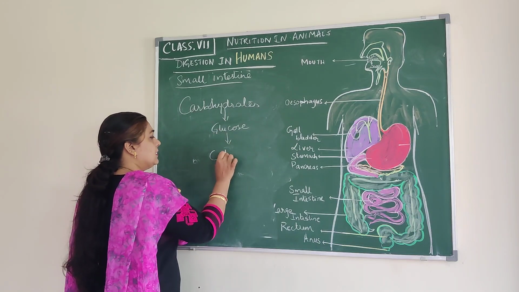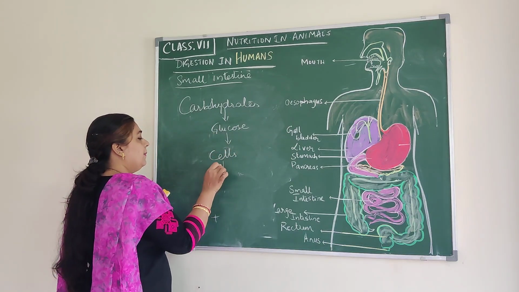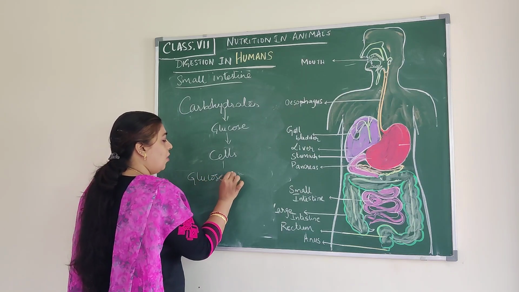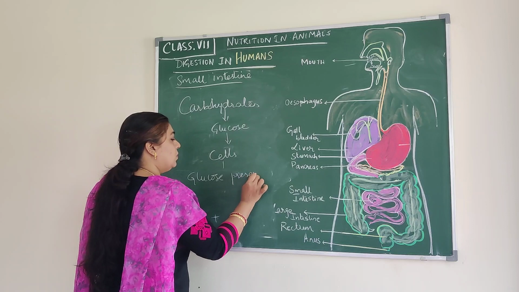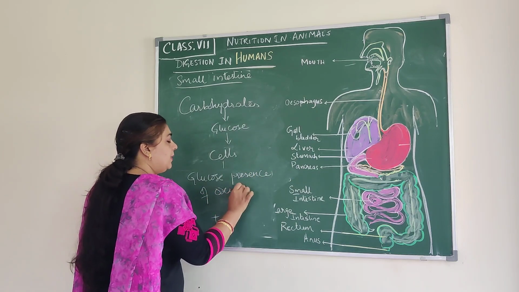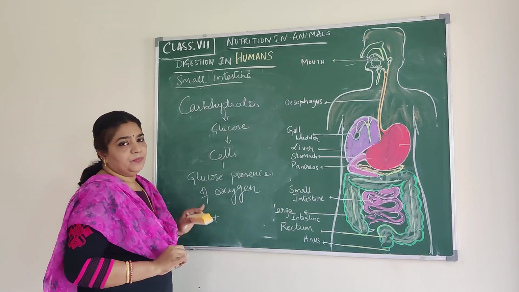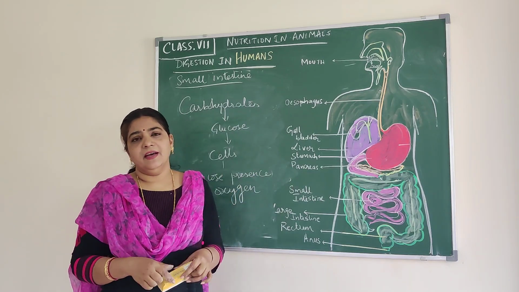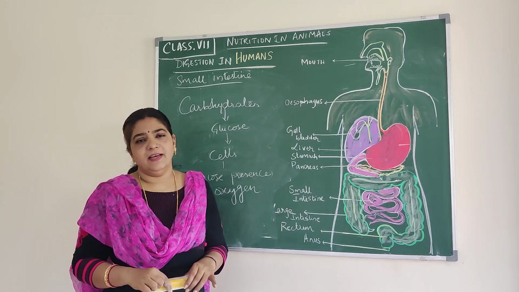When it enters the cell, the glucose in the presence of oxygen will be broken down. Then we get the energy. That's how we get the energy.